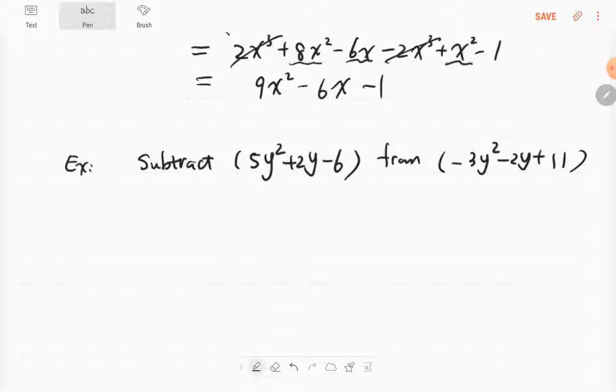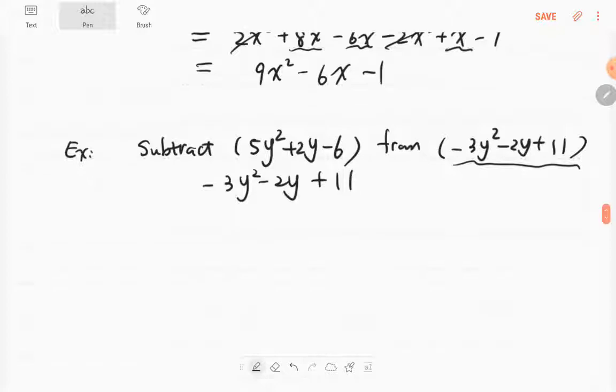Okay, if we subtract this term from this term, so which one goes first? The second one, right? We want to subtract someone from this one. So this goes first. We will write it like this. So we copy down this term as the first term. Now we need to do the subtraction. We need to do the minus part.